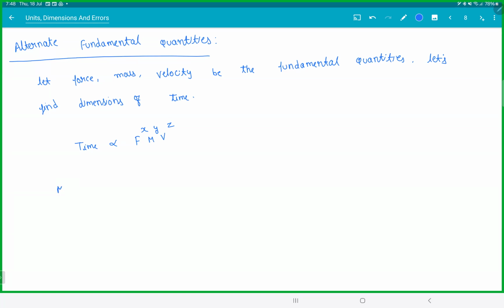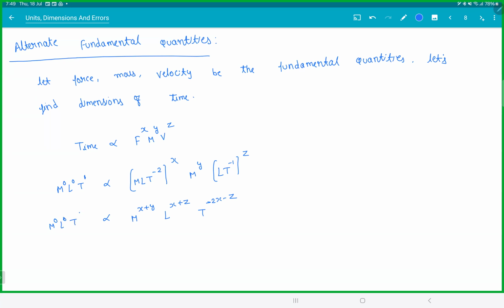On the left hand side, we have M power 0, L power 0, T power 1. On the right side, force is M L T minus 2 to the power of x. Mass is mass only. Velocity is L T minus 1 to the power of z. Bring all the M's together: M power x plus y, L power x plus z, and T power minus 2x minus z.